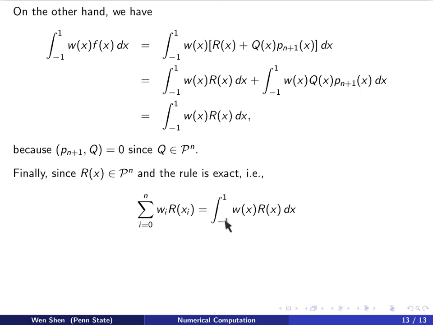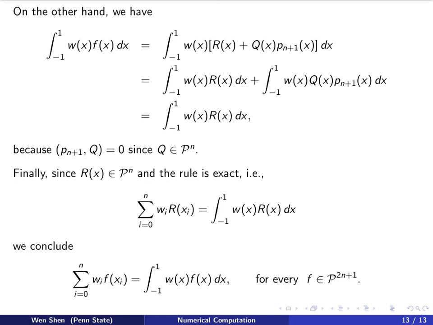And then we show it equals the integral of r, and that the integral of r equals the integral of w times f. Putting them together, applying the rule on f is exactly equal to the integral of f. And this relation holds for every f in the set of polynomials of degree at most 2n+1. And that is exactly what we needed to prove.